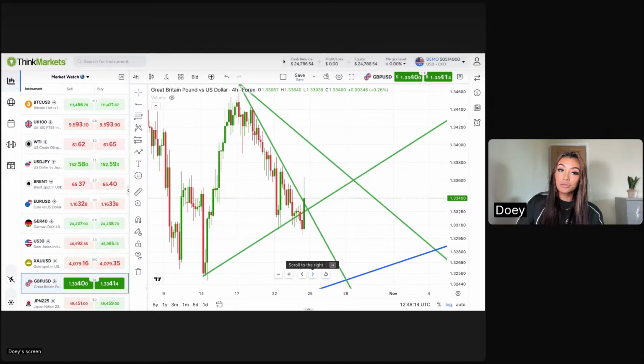So if you're trading purely market structure on the lower time frame, just make sure your targets are sensible. Otherwise, you will get tapped out quite a bit.